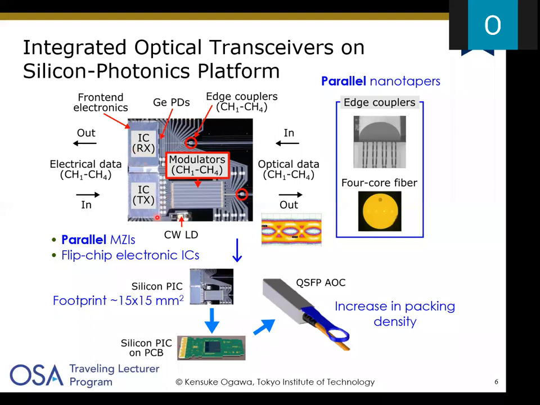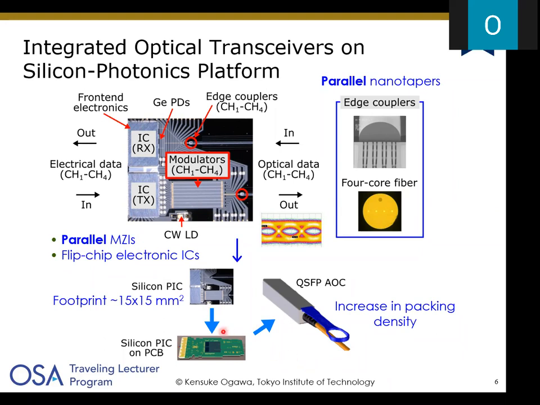All electronic ICs are also integrated by flip chip bonding, in this case, on silicon photonic chips. And here you see the optical modulators in lanes from channel 1 to channel 4. These integrated parallel modulators will work as a key element for high-speed optical transmissions. In this circuit, 4 parallel lanes of Mach-Zehnder interferometer modulators are used.